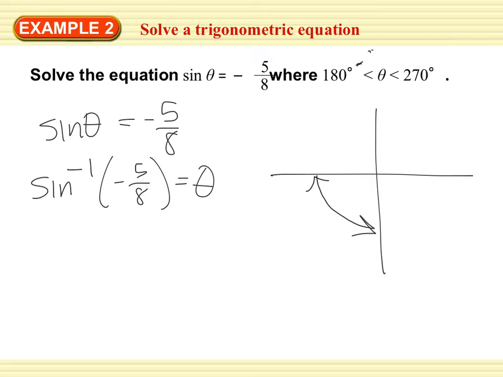I'm going to type into my calculator exactly what I see there: sine^-1 of negative 5 divided by 8. Please make sure your calculator is in degree mode.